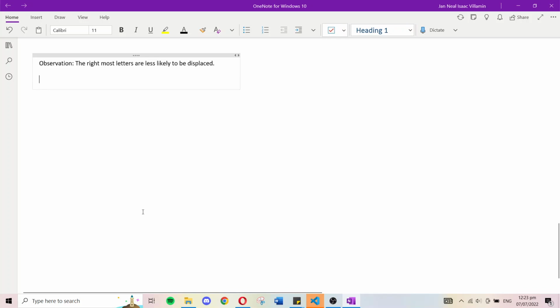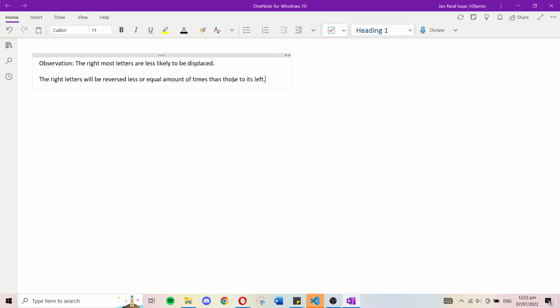So the letters on the right will be reversed fewer times, or an equal number of times, compared to those on the left.